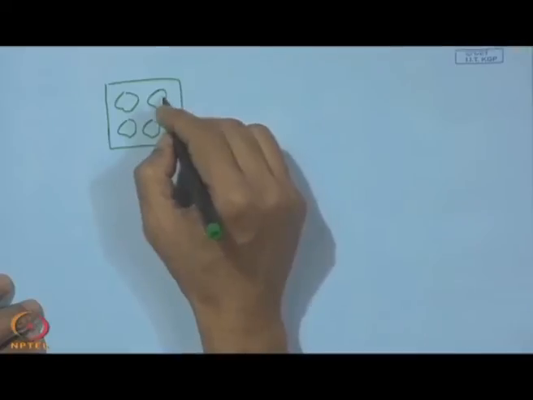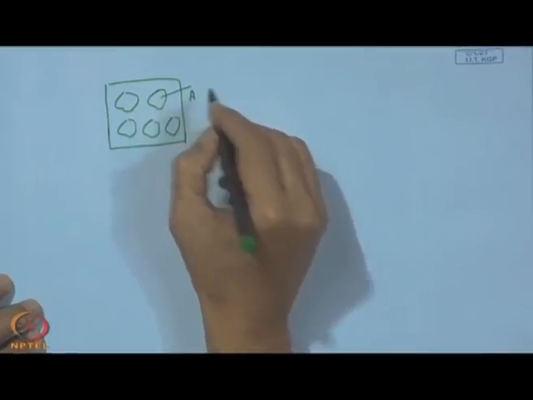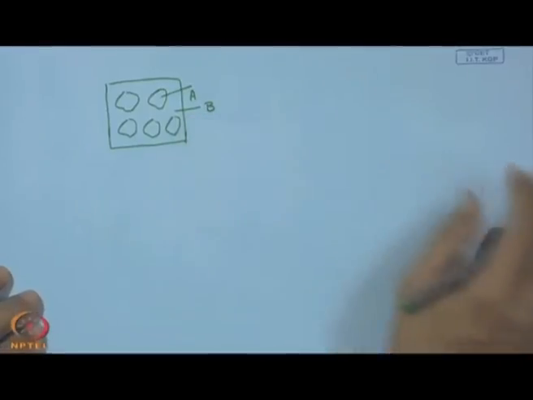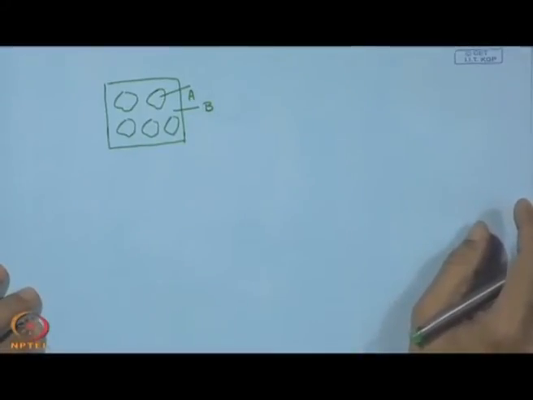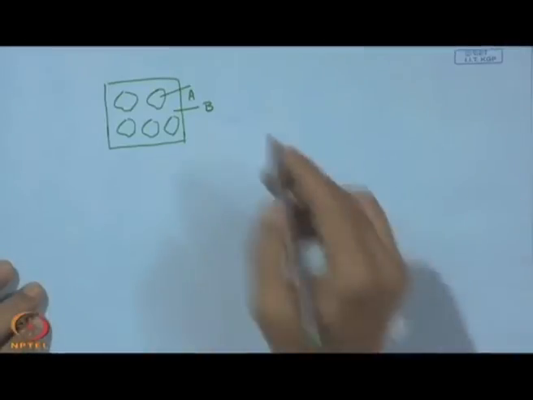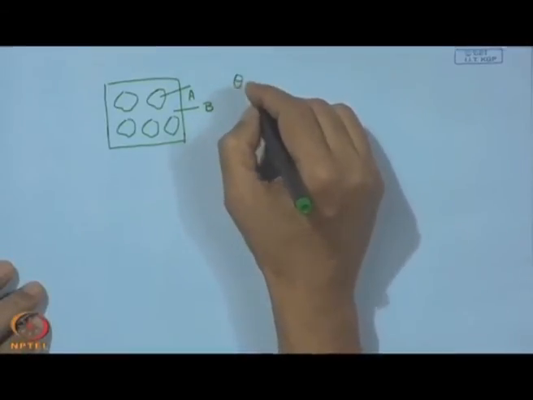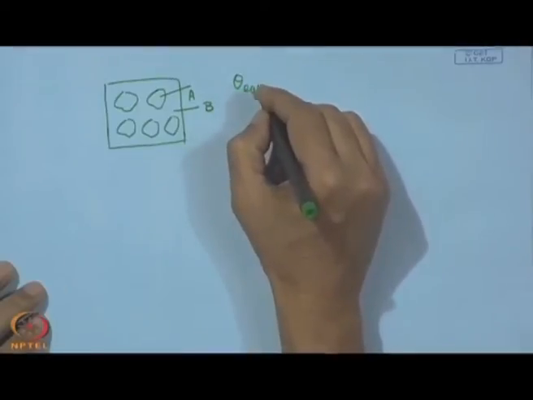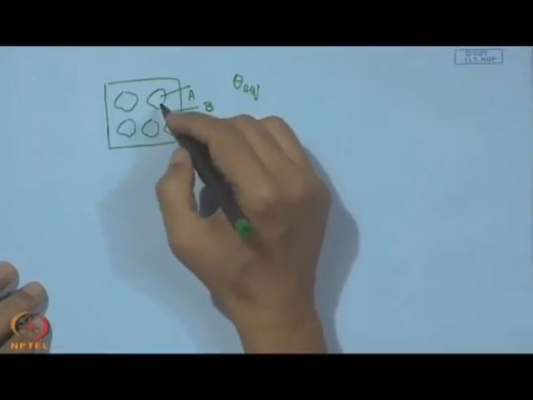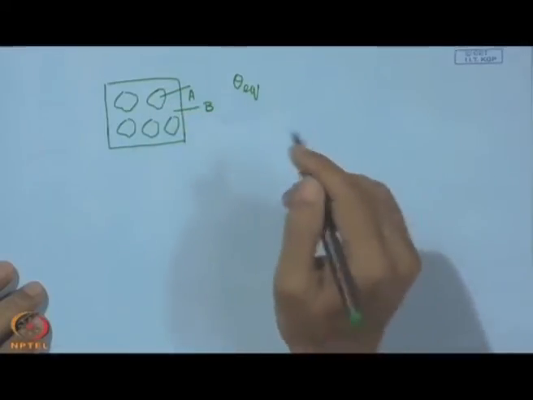So, if this is A, that is the dispersion, and B is the matrix, then we can also make some attempt to find out what could be the resulting, that means equivalent, contact angle when we have a heterogeneous phase consisting of A and B.